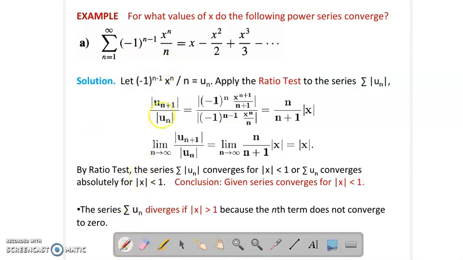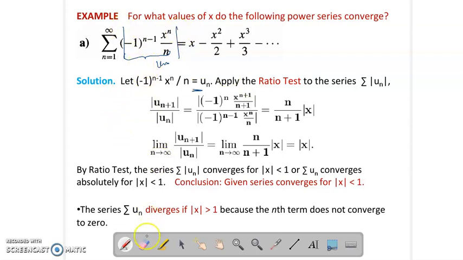Now this power series has both positive and negative terms. Call this one u_n. So let u_n be (minus 1) raised to the power (n minus 1) into x^n by n. Now you know that the integral test, ratio test, nth root test or comparison test, all those that were discussed, were developed for series of non-negative terms, right? So it makes sense to take the absolute value of the terms of this series.